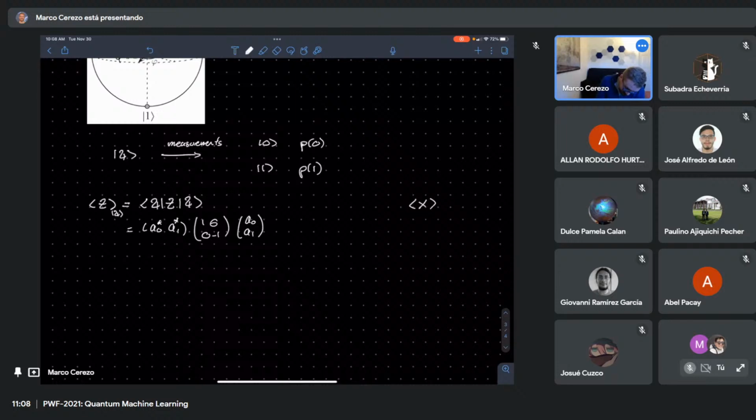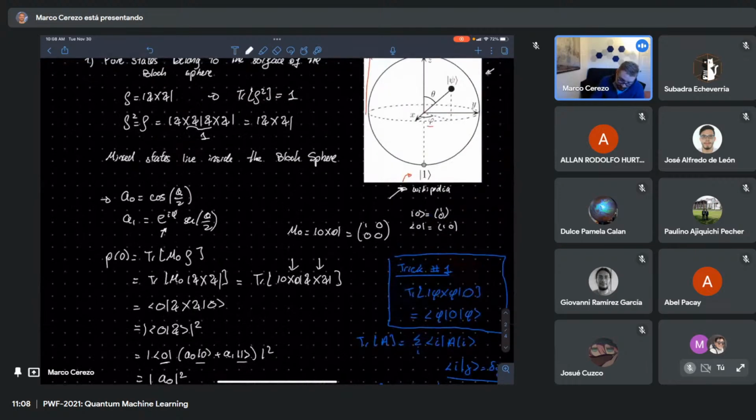For instance, we already know that Z is going to be 1, 0, 0, minus 1. But we've also said in our previous lecture, where we were talking about observables and the principles of quantum mechanics, that given an observable, we can always express it as a summation of its eigenvalues and projectors over its eigenvectors, right? And we already know what the eigenvalues and the eigenvectors of Z are.